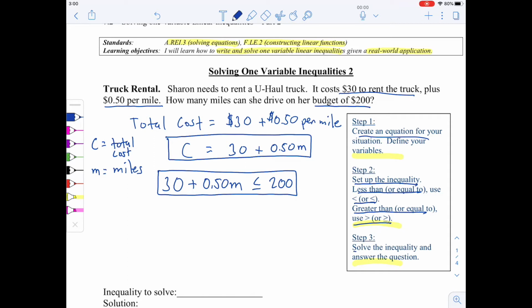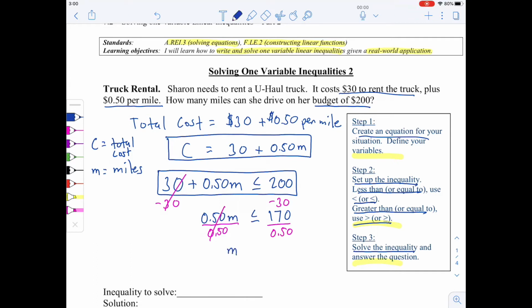All right, and the next step is solve the inequality and answer the question. So we're going to solve this inequality first. We'll get rid of the single numbers, subtract 30 from both sides. Bring down what we have: 0.50 M is less than or equal to 200 minus 30, 170. And then we divide by the coefficient of M, the 0.5, to cancel that.